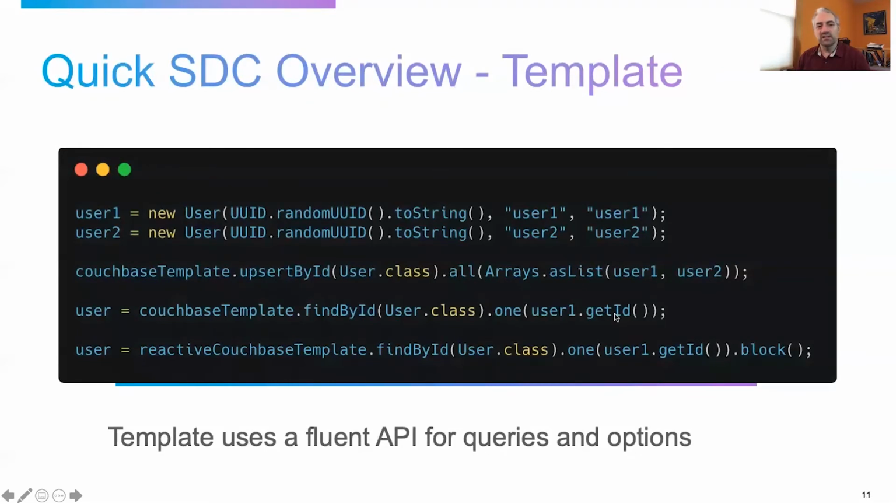Something else that can be chained in here is Couchbase options, such as for upsert, there would be the persistent options, and what else can we put in there? Timeout and things like that.